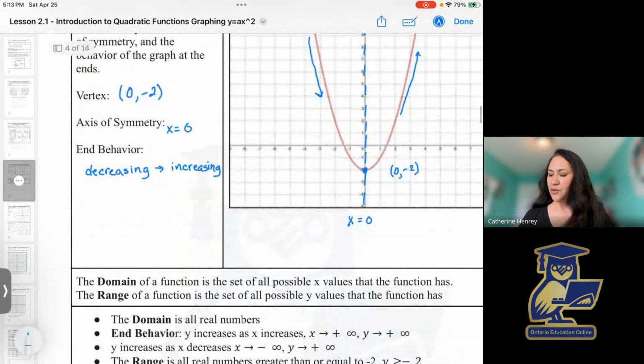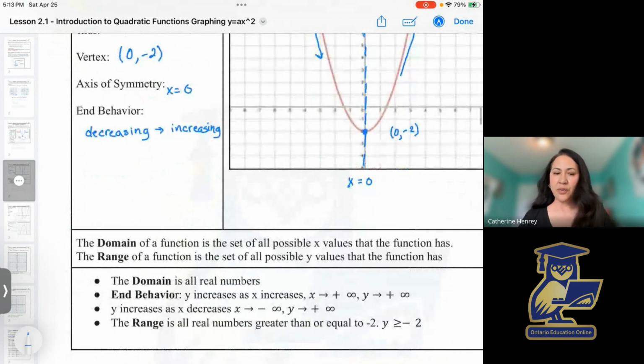Let's talk about the domain of a function. The domain of a function is the set of all the possible x values that the function can have, or all the possible x values that you can put into the function. The range of the function is the set of all the possible y values for the function.